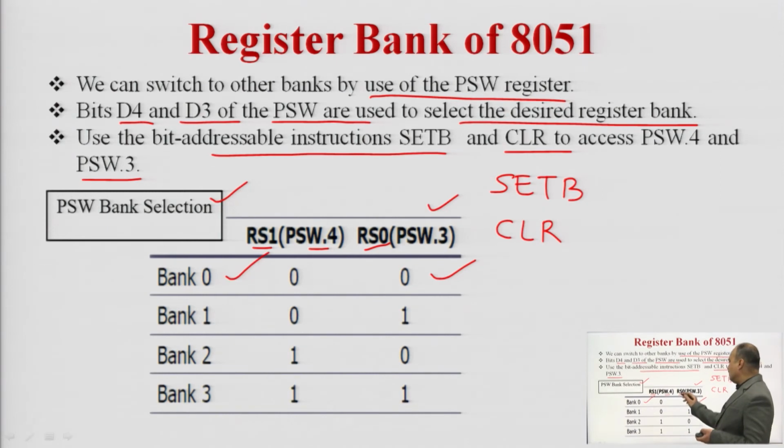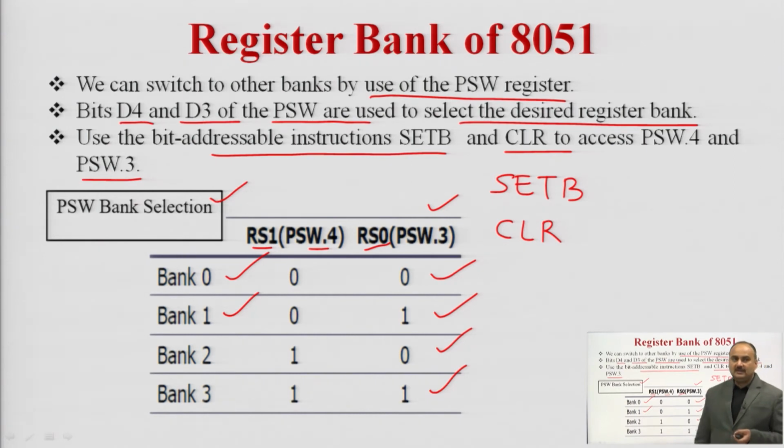If PSW.4 and PSW.3 are 01, then bank 1 is selected. If they are 10, then bank 2 is selected. And if both bits, PSW.4 and PSW.3, are 11, then bank 3 is selected.